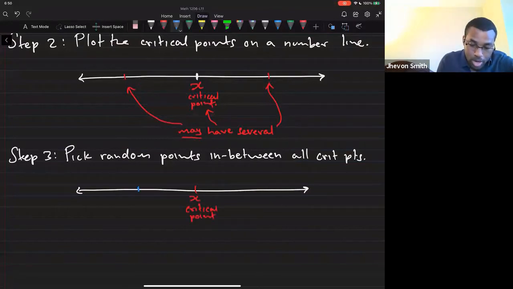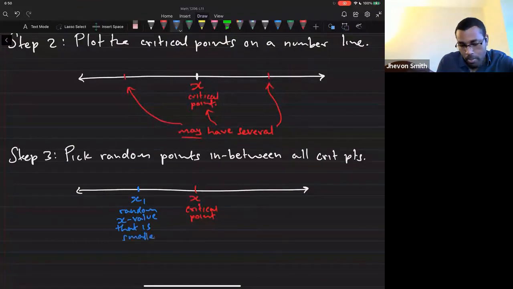And you're going to pick some other X, like X1, random X value, that is smaller. And here, say X2, you pick some random X value.